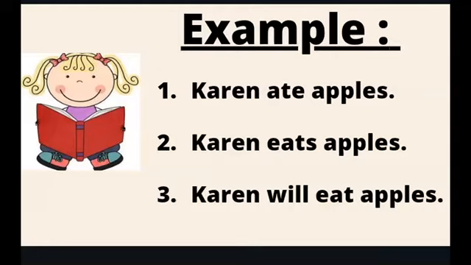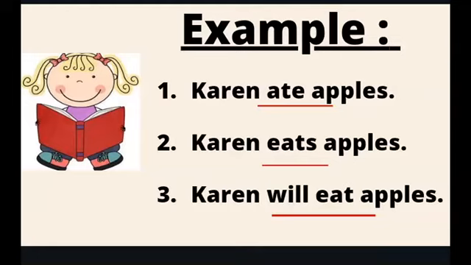First, try to identify the action word, that is the verb. Yes, in the first sentence, Karen ate apples, the word ate is the action word. In the second sentence, Karen eats apples, eats is the action word. And in the third, will eat is the action word.